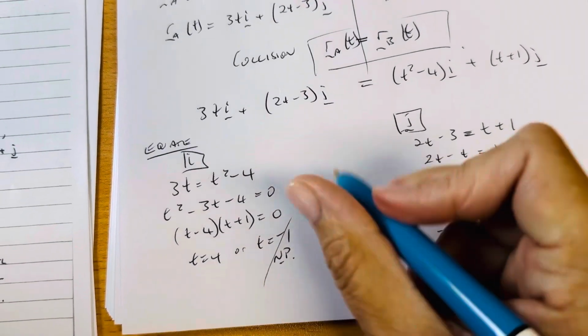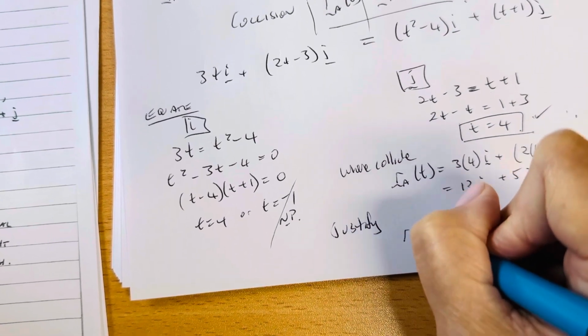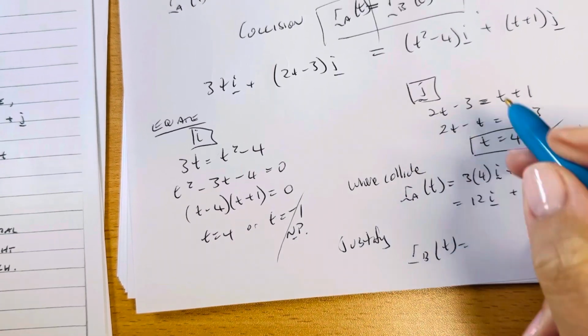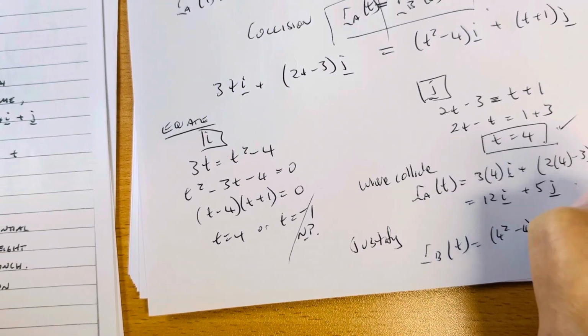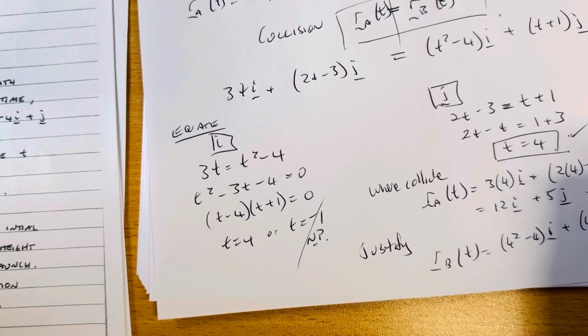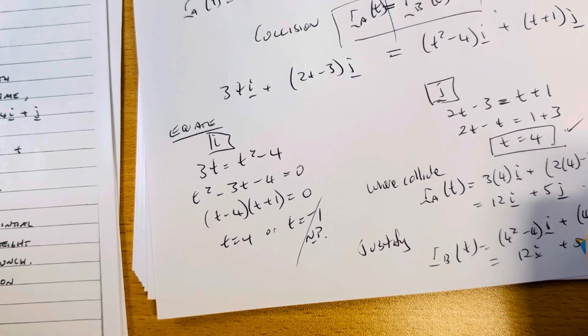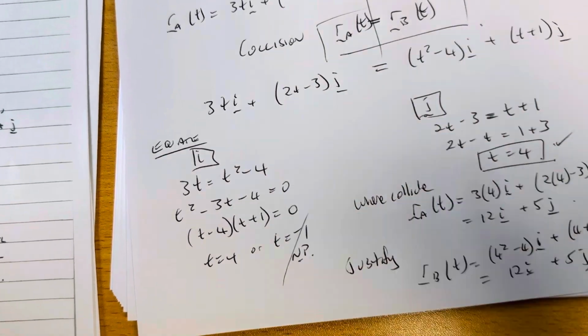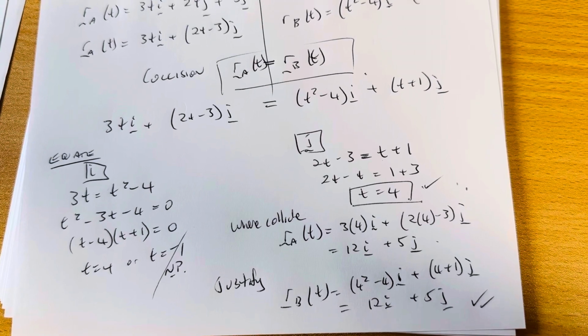Where is that? If I want to justify, RBT, sub it into the other one. That's going to be (4 squared minus 4)i plus (4 plus 1)j. Gives me still 12i plus 5j. So that justifies that the position of where they collide is true.